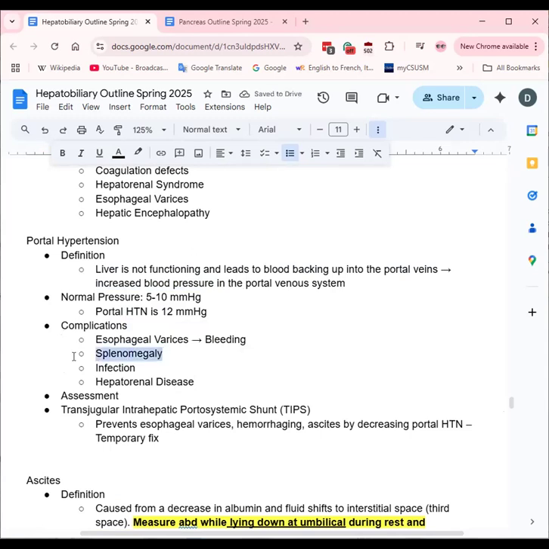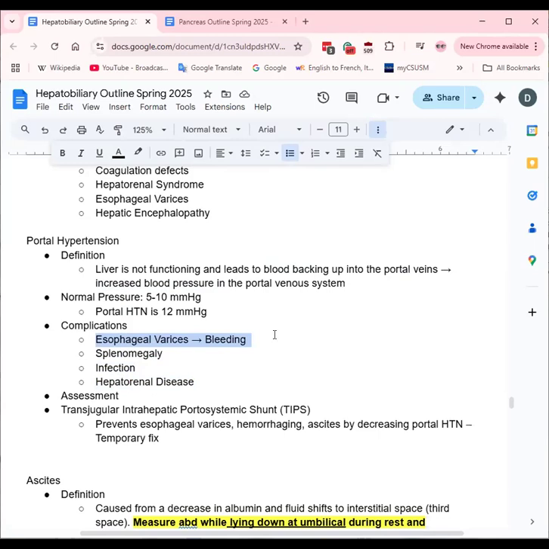Because that portal system is involved with the spleen, like we mentioned, splenomegaly, increased spleen size. Hepatorenal disease, like we mentioned, if the liver is impaired, the kidneys can follow. Infection, which we'll talk about in a little bit, and then esophageal varices. So these have to do with a bleeding risk.